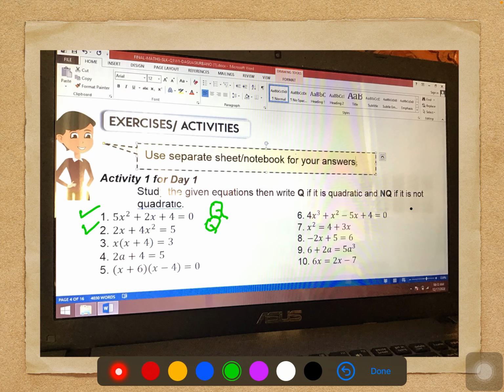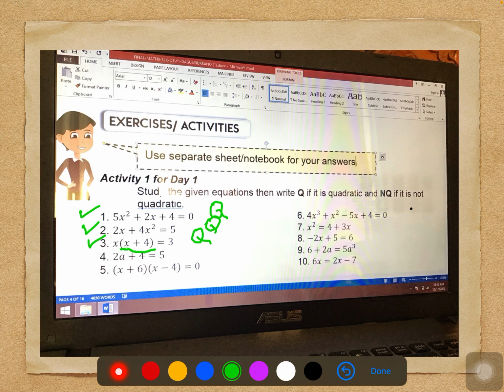But when we are going to simplify by performing the operations indicated by this parenthesis, you will come up of multiplying x by x plus 4, which will give you an answer which is x squared. That's why this is also quadratic. Alright?